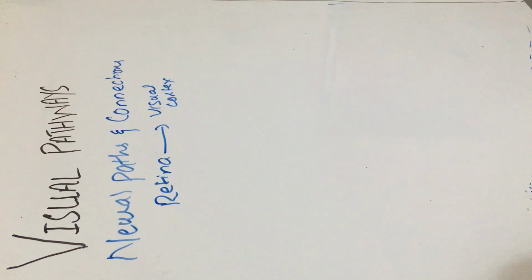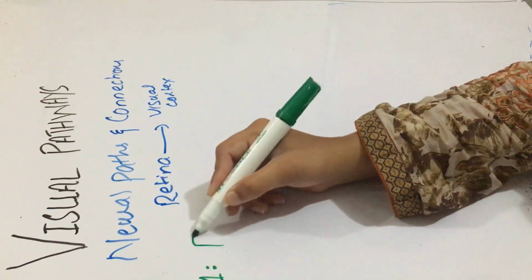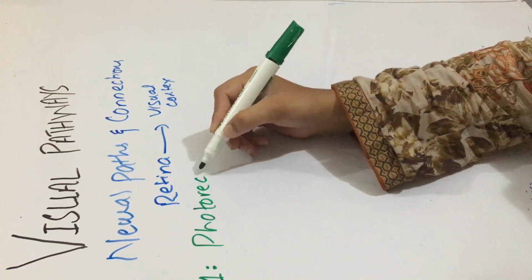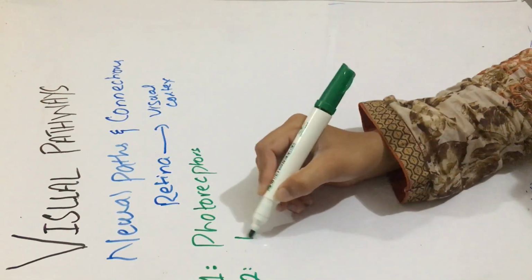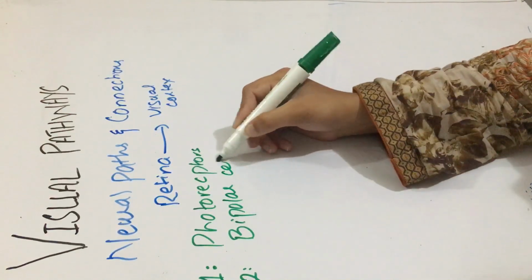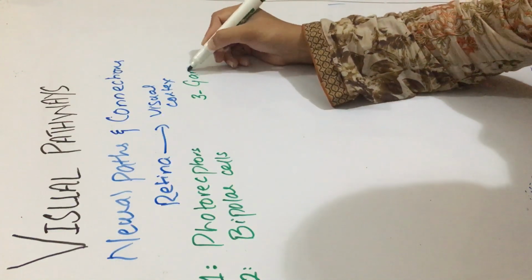Now, I will further discuss that there are three main types of cells involved in the visual pathways. The first is the photoreceptors, that is rods and cones. Second are the bipolar cells, and third is the ganglionic cells.